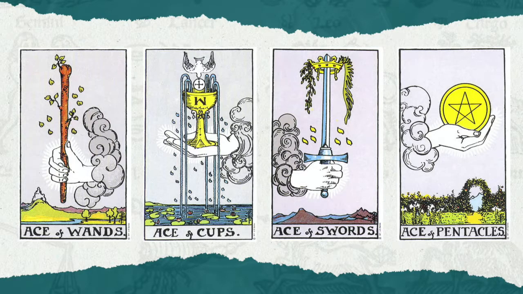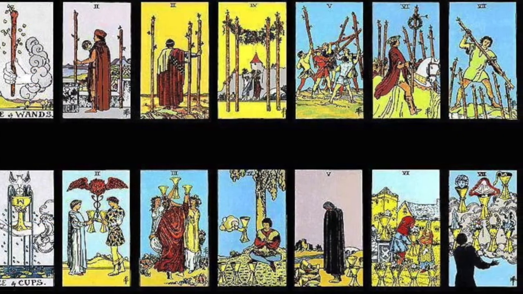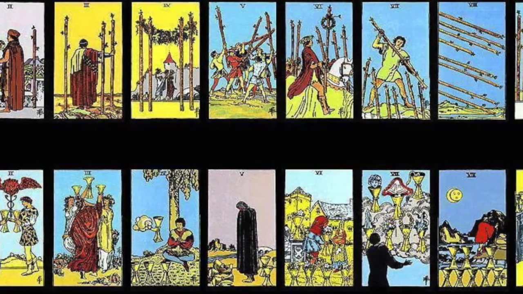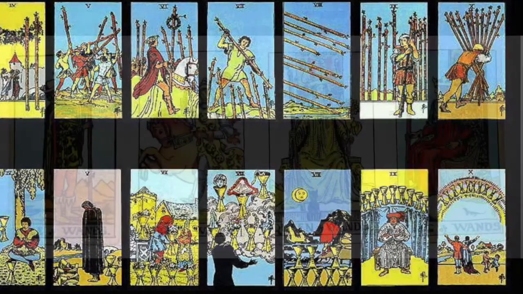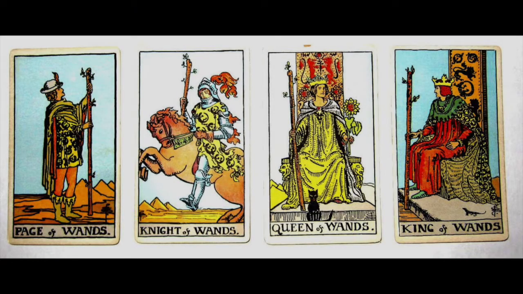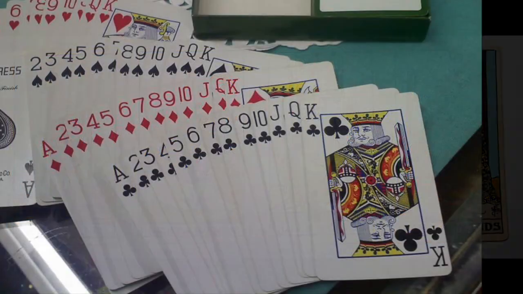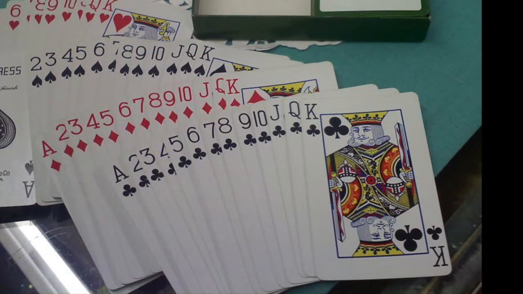Just like in your standard deck of playing cards, these suits are numbered from 1 to 10, and then after 10, they move up into the subdivision of court cards of royalty, from the page to the knight, to the queen, and finally to the king. That's probably the easiest way to look at that organization. See them as a family of suits ranging from 1 to 10, so that's the ace, 2, 3, 4, all the way up to 10, and then up through the court rankings from page to king.